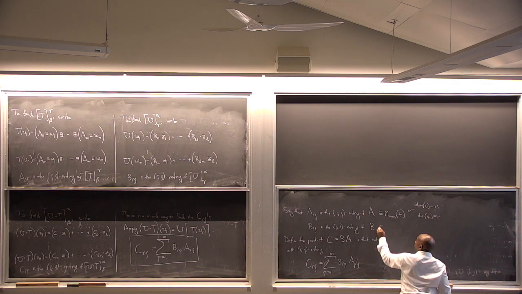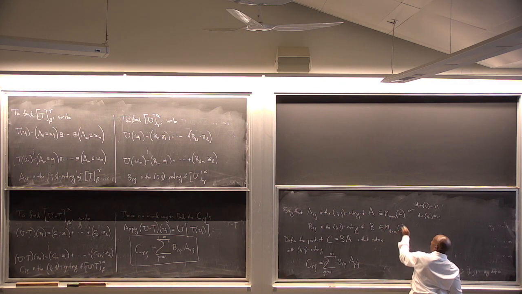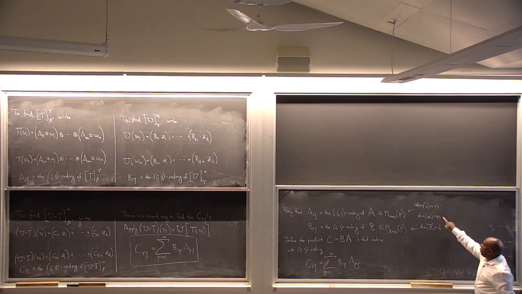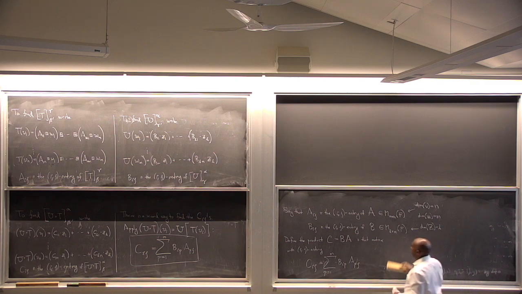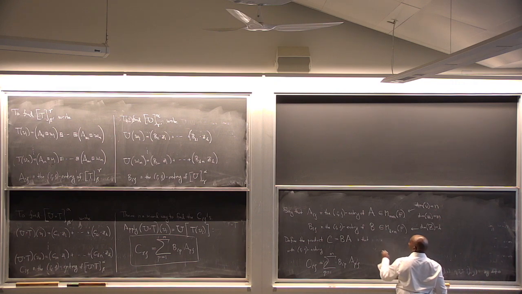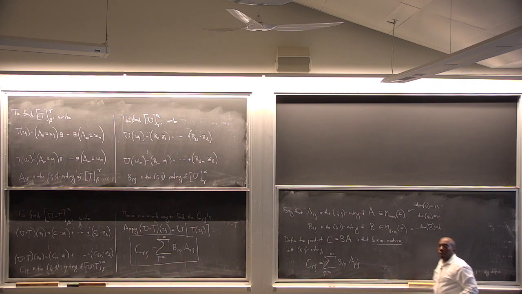B, on the other hand, is actually a k by m matrix. And this is because W has dimension m, Z has dimension k, right? So k by m. So this matrix C, I have to be very careful here, goes from V to Z. So this is actually a k by n matrix.